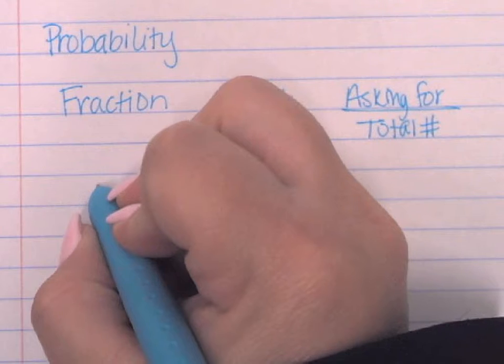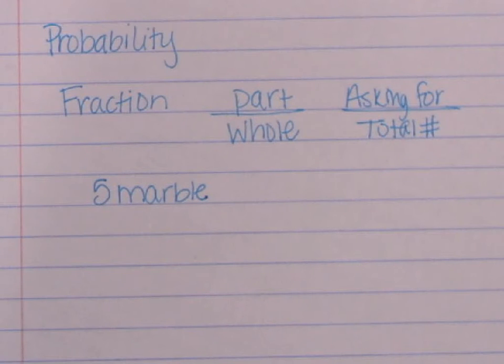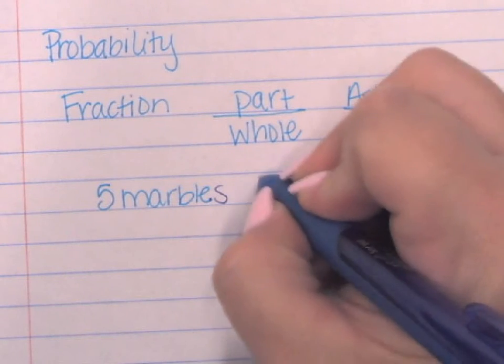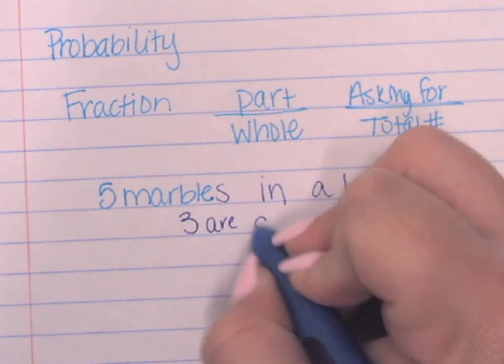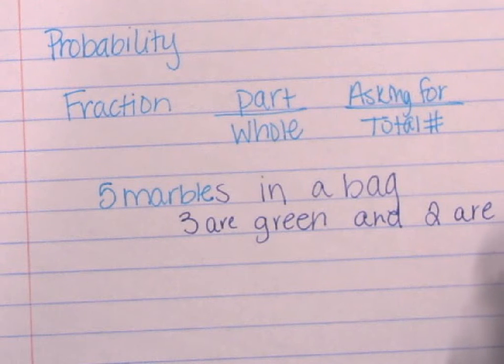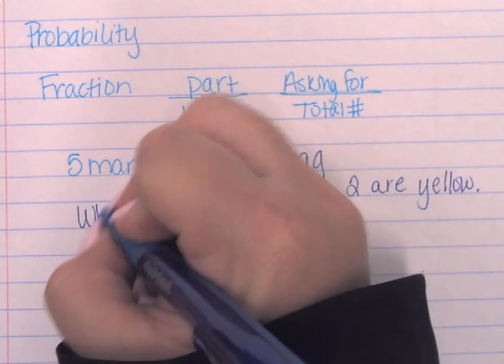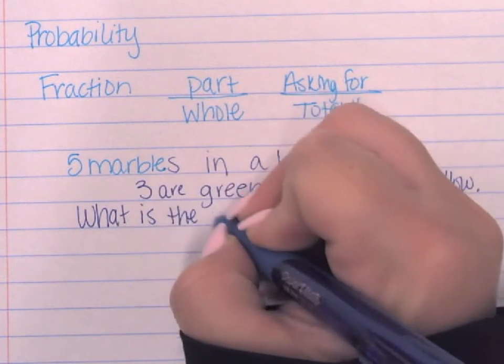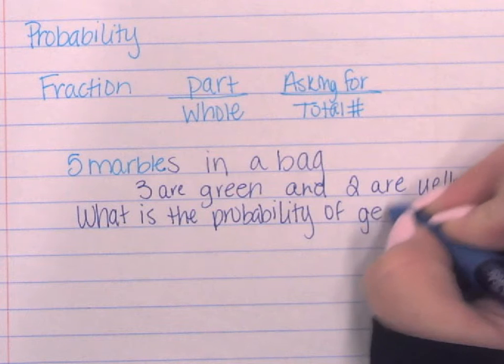So if I have 5 marbles in a bag, 3 are green and 2 are yellow, what is the probability of getting yellow?